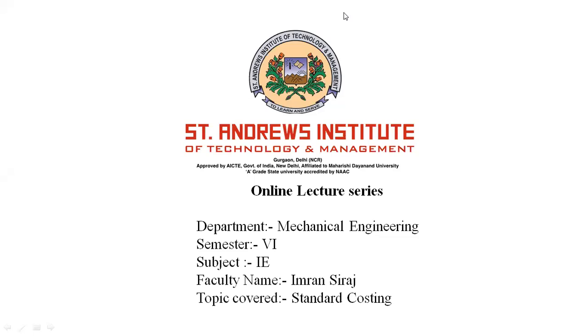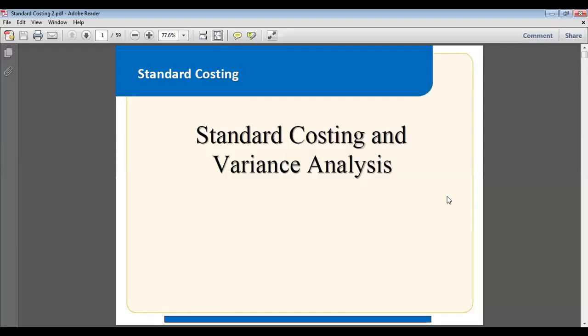Today we'll be discussing standard costing and variance analysis. What is standard costing, how it takes place, what is the variance, all these aspects will be discussed in today's lecture.